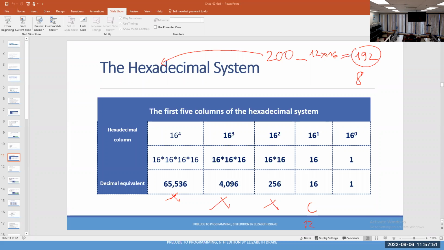You have 8 left, and of course this one is 8. So C8 is the correct answer here. Is it clear now? Okay, so basically it is C8, not SC. C8.